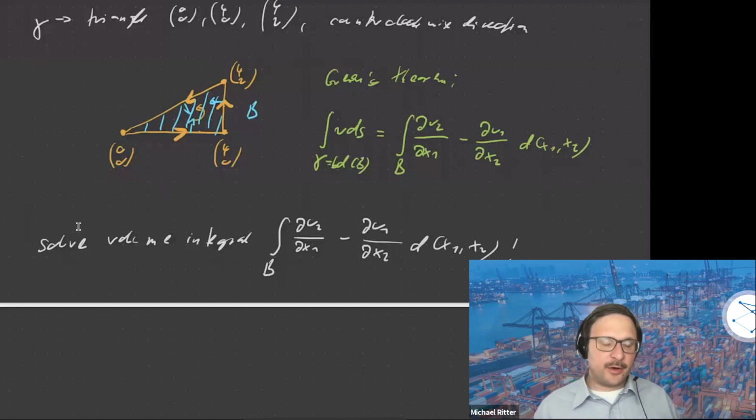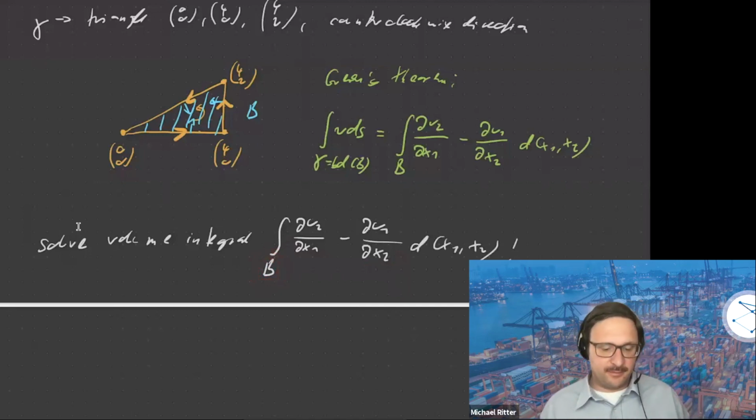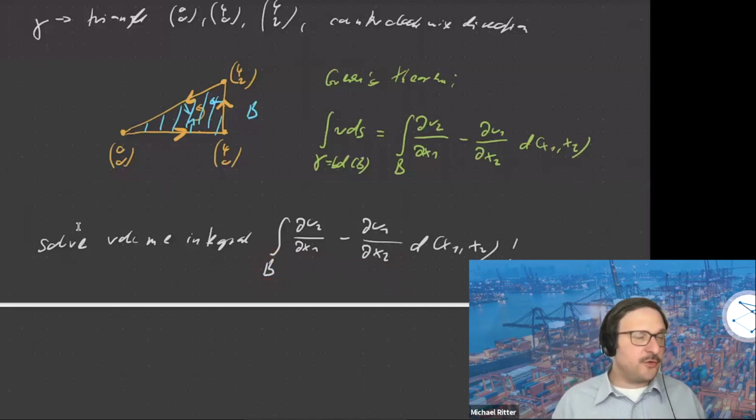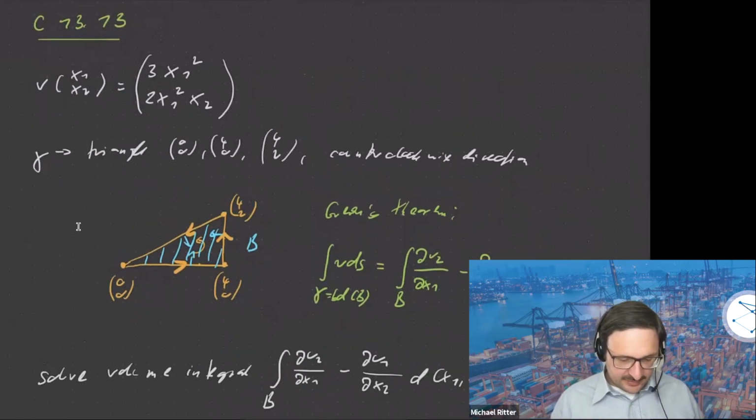So that's what we want to compute. And that means we need to do two things. The first is we need to compute this expression. And the second is we need to find a way of representing B to be able to compute that volume integral. Let's have a look at the vector field here first.